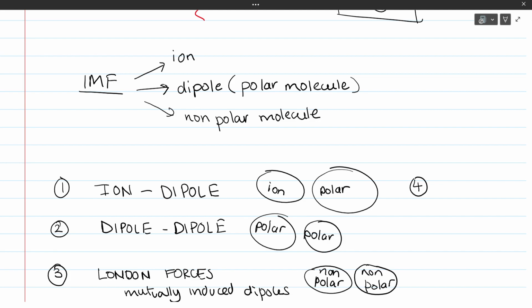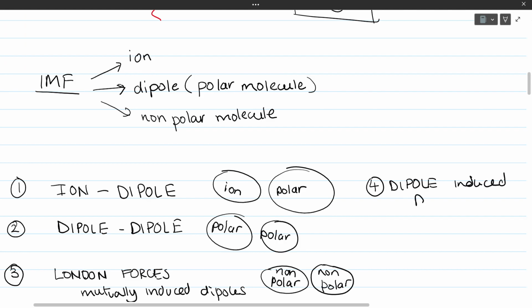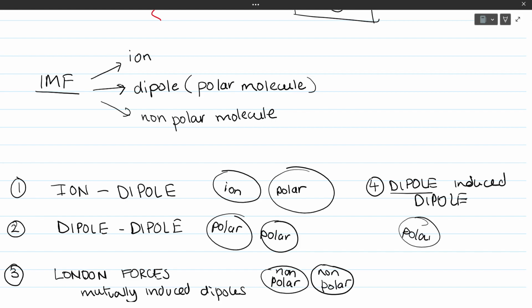Now, before we talked about a dipole-induced dipole. In dipole-induced dipole, first we read dipole, so we're dealing with a polar molecule, and because it's an induced dipole, it's going to be a non-polar molecule. So you've got a polar and a non-polar molecule coming together.